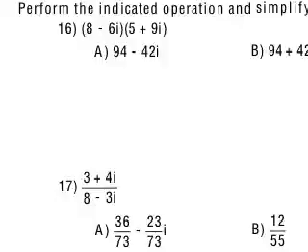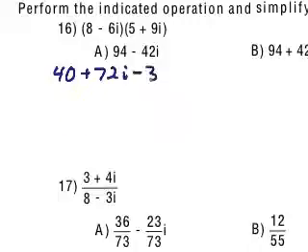So what we get are 8 times 5 is 40. 8 times 9i is 72i. Negative 6i times 5 is a negative 30i. Negative 6i times 9i is a negative 54i squared.